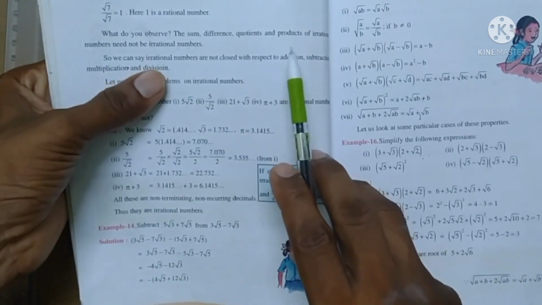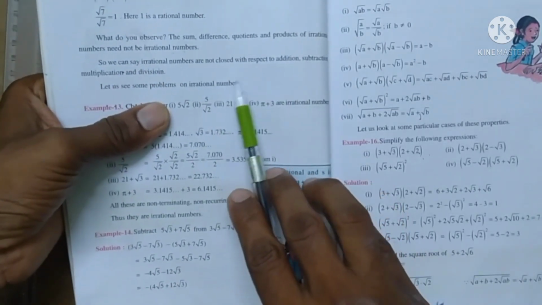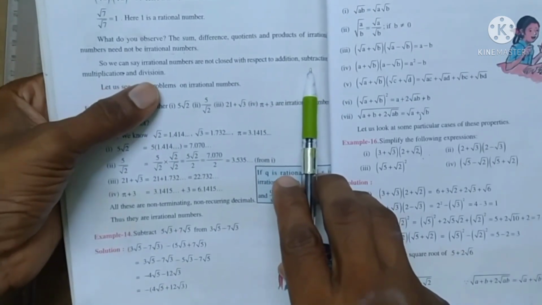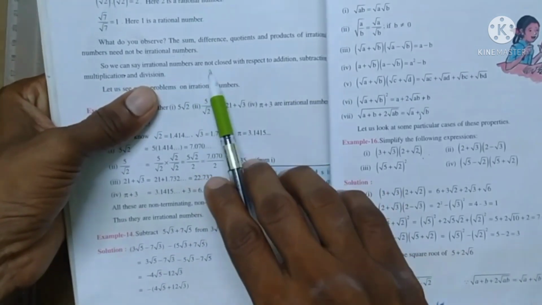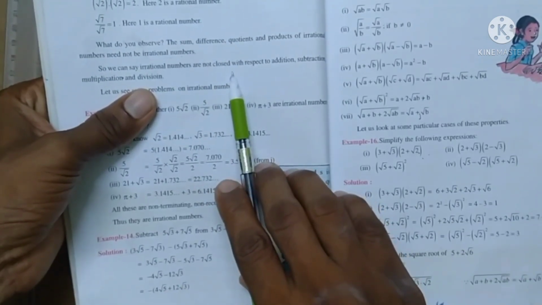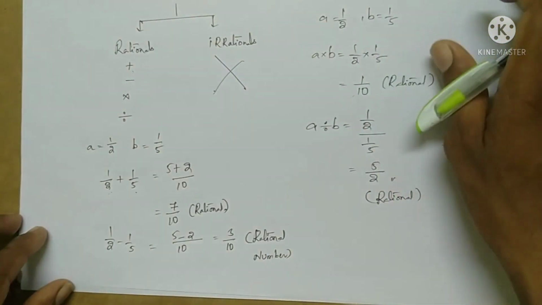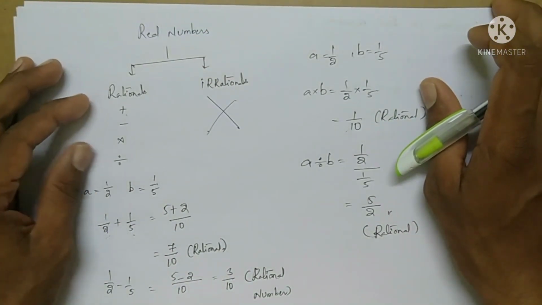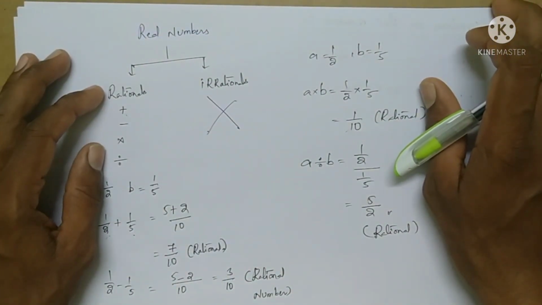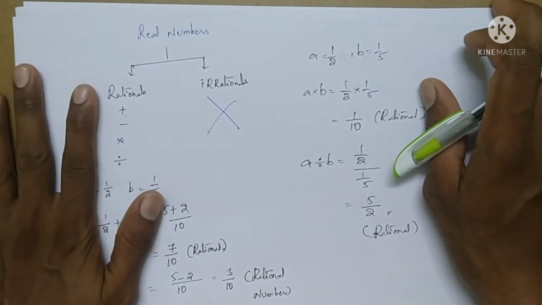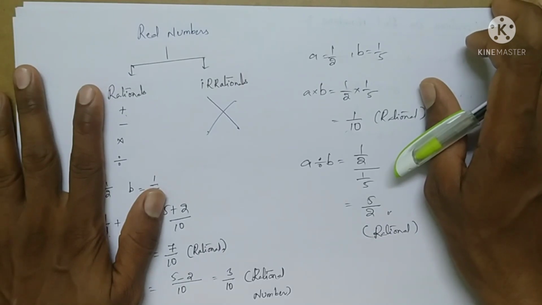So irrational numbers are not closed with respect to addition, subtraction, multiplication and division. Rationals always follow these four fundamental operations. Irrationals are not closed with these four fundamental operations.